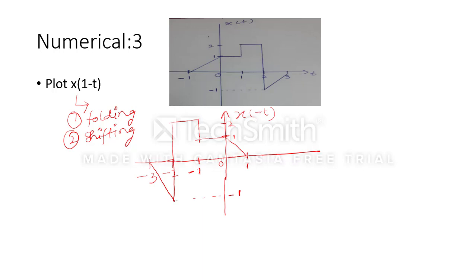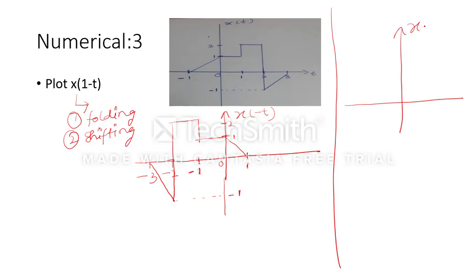After the folding operation comes the shifting operation. If you remember, if I add minus t plus 1, the signal is going to shift towards the right by 1 position. So obviously 1 plus 1 will be 2. All the sample values will be increased by 1. So my final result will look like this. This is x of 1 minus t.